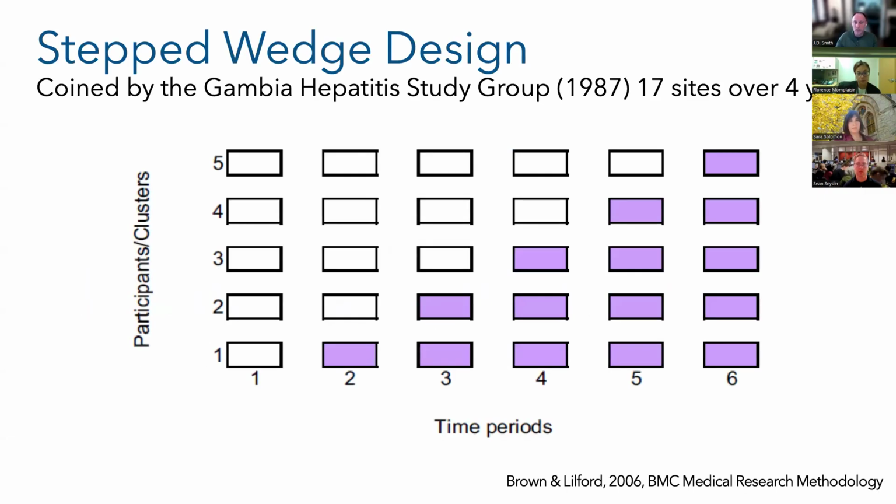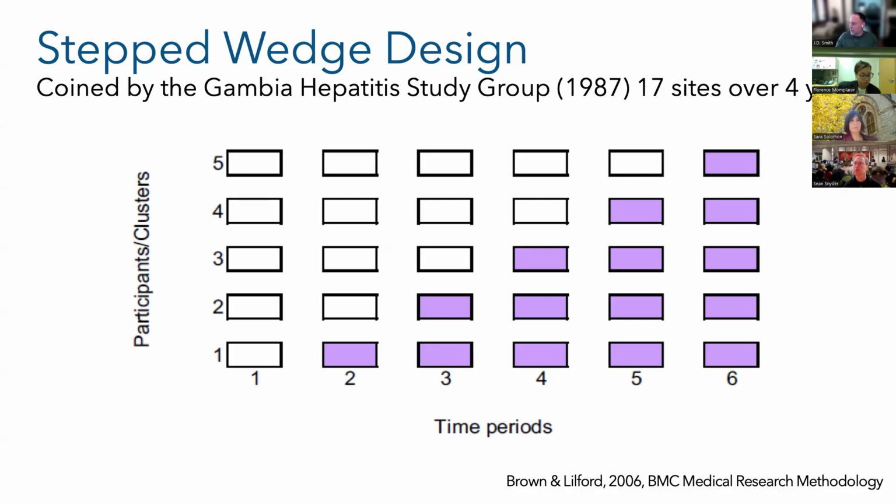The first time the term stepped wedge was coined in the literature was by the Gambia Hepatitis Study Group in 1987. This was a trial that had 5 clusters with 17 sites rolled out over a 4-year period. And this was more or less the figure that they presented of what a stepped wedge looks like.